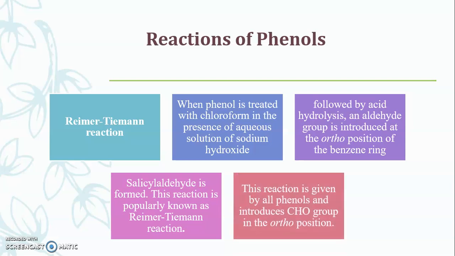This reaction is given positive by all the phenols, and it is used to introduce an aldehydic functional group at the ortho position. All phenols are capable of giving this reaction positive. So this reaction is known as the Reimer-Tiemann formylation.